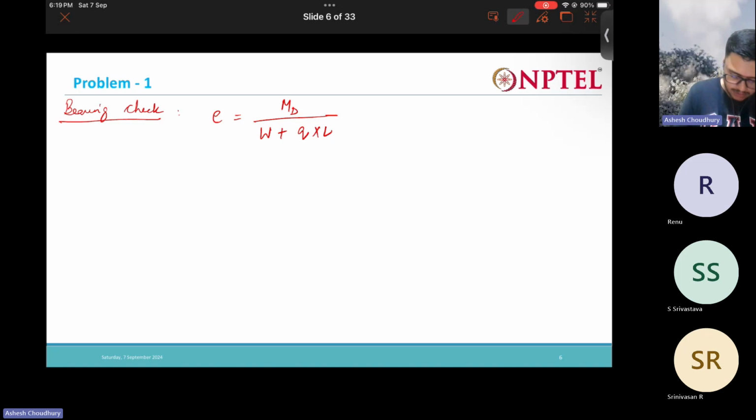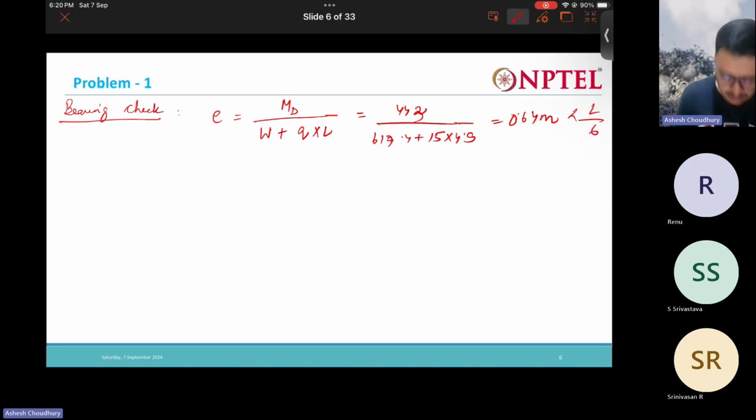Then 442 or 443, whatever, divided by 617.4 plus 15 into 4.9. So it will come out as 0.64 meter, and you should ensure that this is less than L by 6. So it will be less than L by 6, no issues.